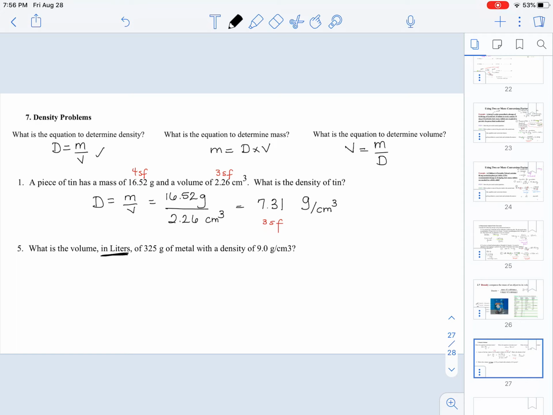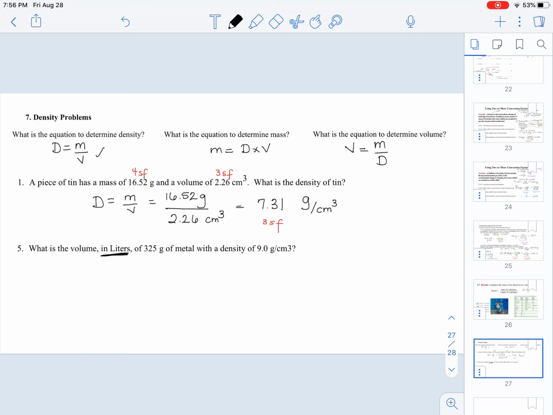So I have 325 grams of this metal, and I'm going to divide it by the density, 9.0 grams per centimeters cubed. When I do this division, I round to the correct number of sig figs.